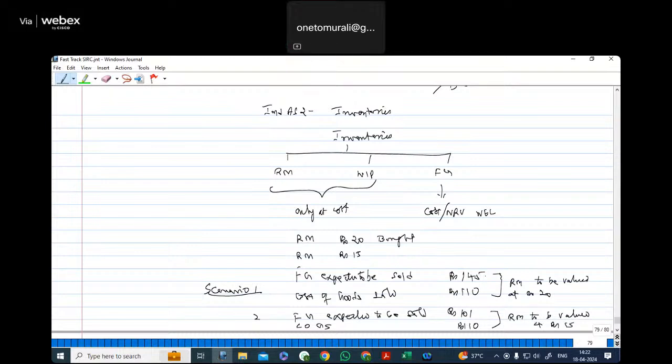Because the finished goods in which this raw material is to be incorporated is likely to be sold at loss. Then raw material cannot be continued to be taken up at rupees 20, the purchase cost. There, the current replacement cost is the representative of the NRV for raw material, and that is a way we are expected to carry out.